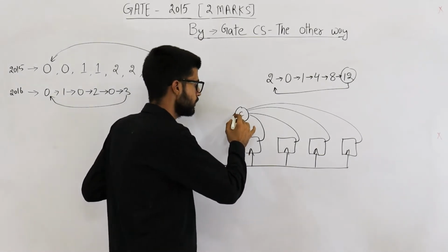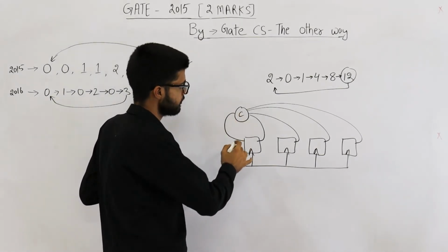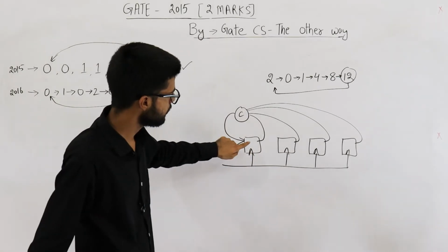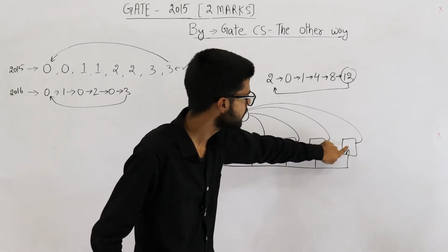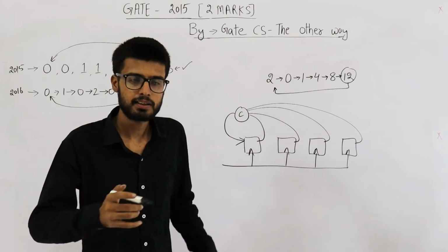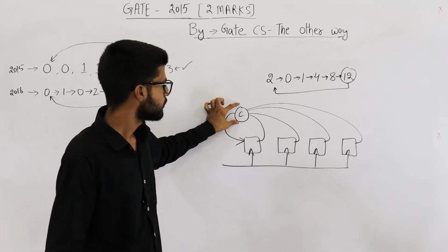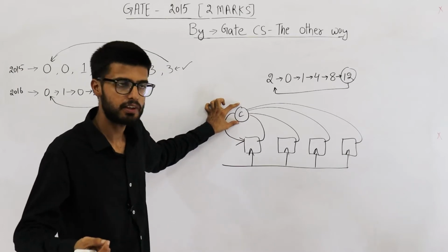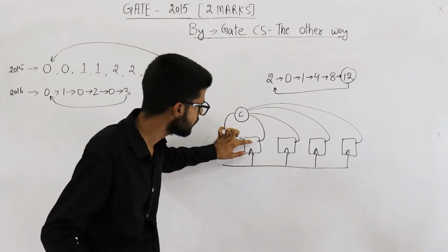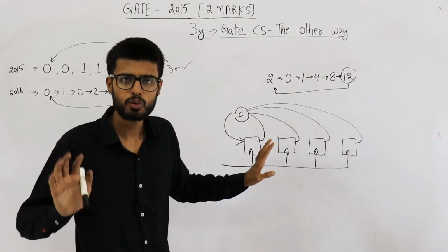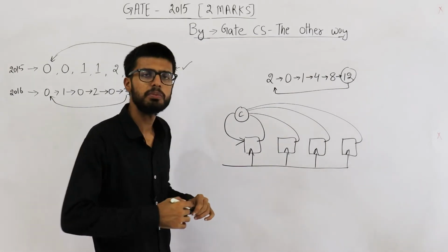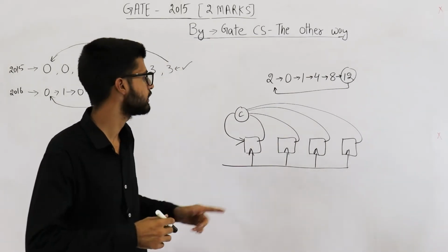That means we just need to define a combinational circuit that could generate output for each and every flip-flop, such that if that output is given as input to these flip-flops, suppose these are JK flip-flops, it will be generating J and K for each and every flip-flop.